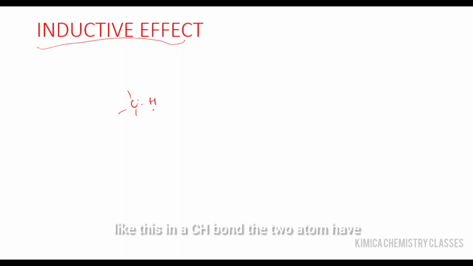In a C-H bond, the two atoms have almost the same electronegativity values, right? So as a result, the shared electron pair will be nearly equidistant to the two atoms, right?